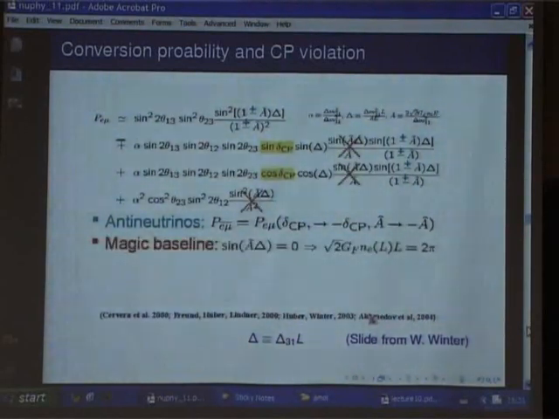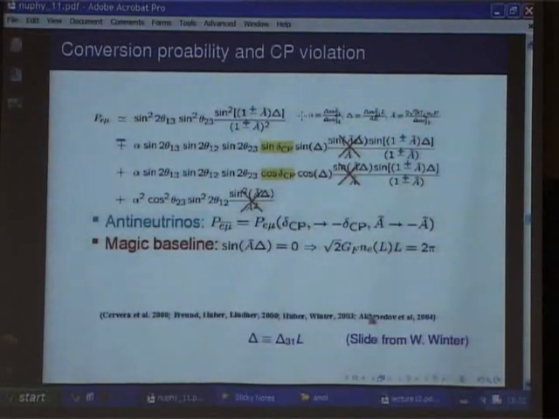Now, let's look at something else. If by some means we are able to choose our experiment such that sine of A hat delta equals 0, let's say we are able to do that, what happens? These three terms automatically become equal to 0. If they become equal to 0, we only have to fit for this term.